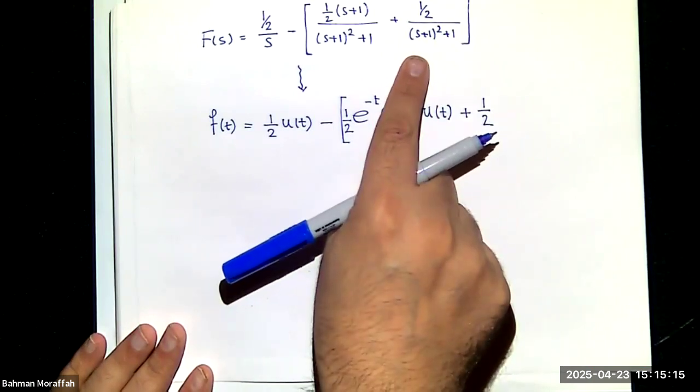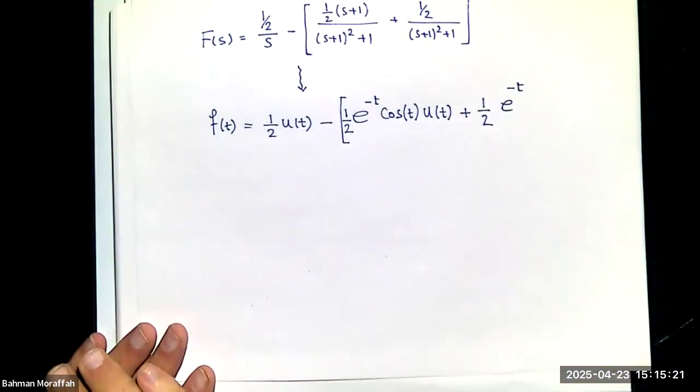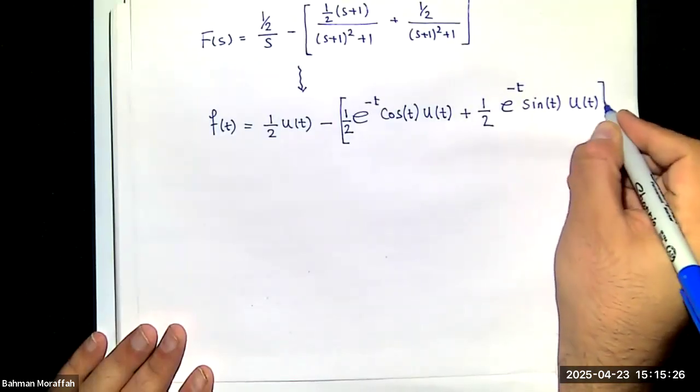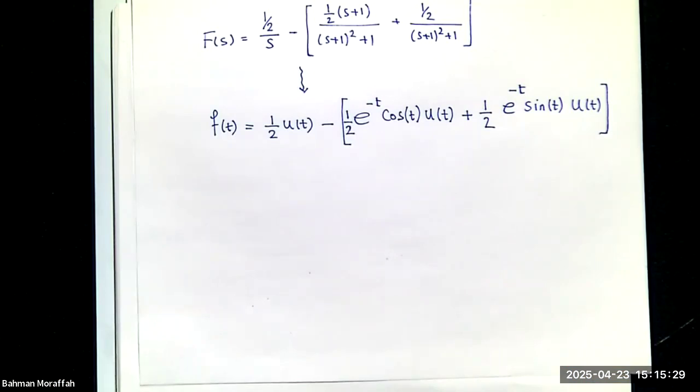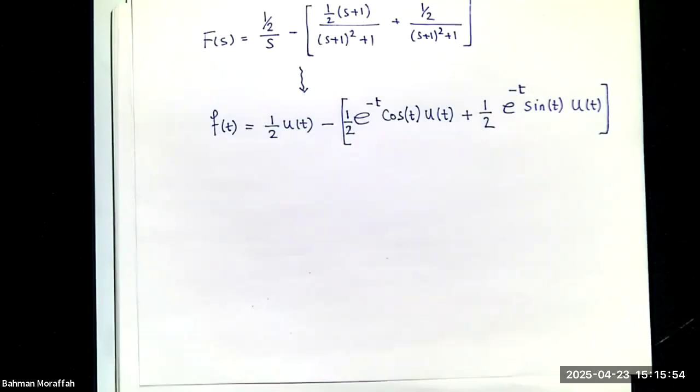But since the s domain version of it is shifted by 1, I have to multiply by e to the power of minus 1 times t, sine t u(t). Right? So that's it. So if the poles are complex, we have no choice but just doing the good old-fashioned way: finding the common denominator, trying to find a constant just by equating the numerators. Right?